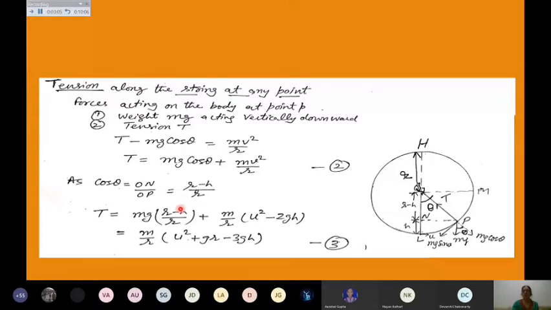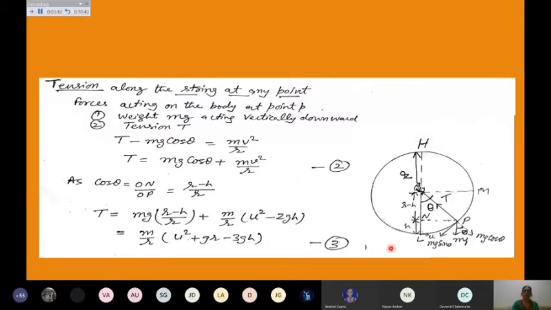So if I put this value of cos theta in second equation, I'm getting mg (r minus h) upon r plus m upon r into v square. V square value I will be taking from first equation, which I have found for the velocity at any point, that is u square minus 2gh. So if I'm putting the value of cos theta and v on solving, I'm getting tension at any point can be given as m upon r into (u square plus gr minus 3gh).